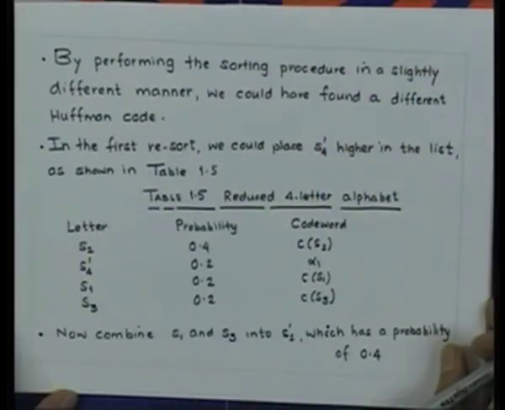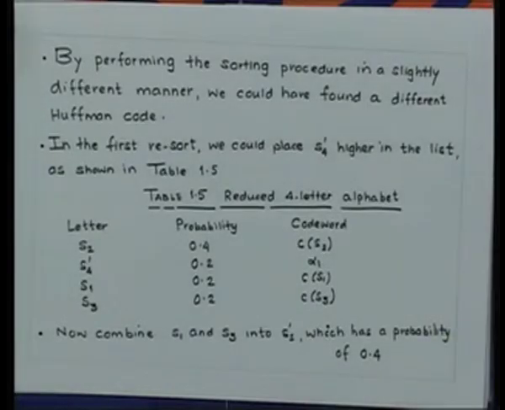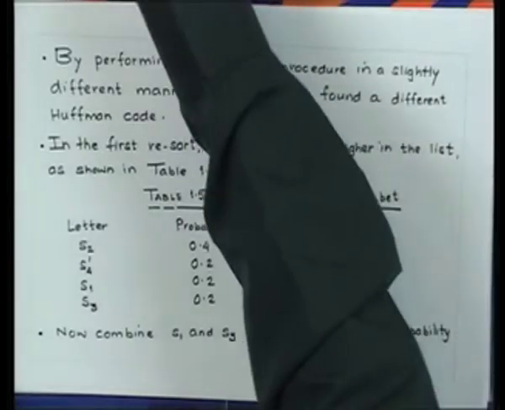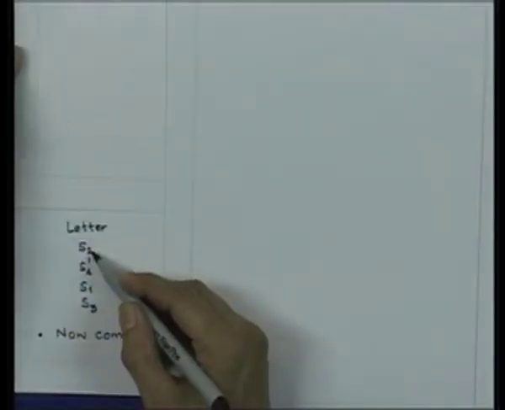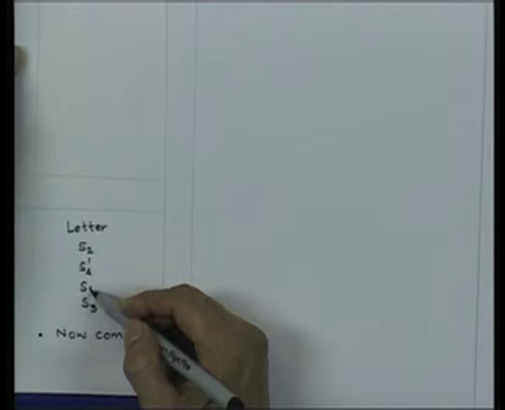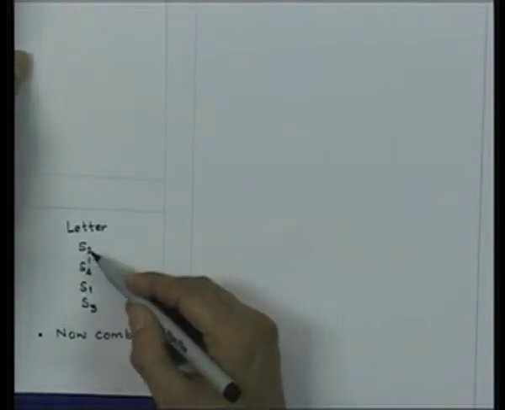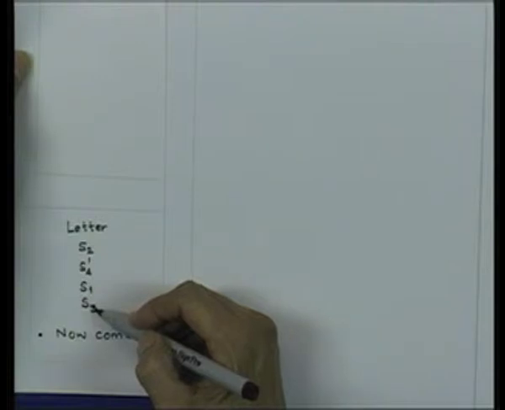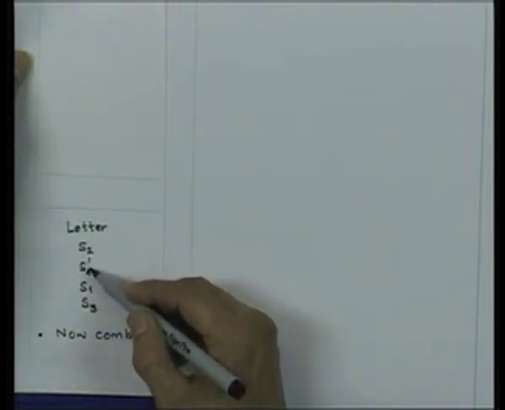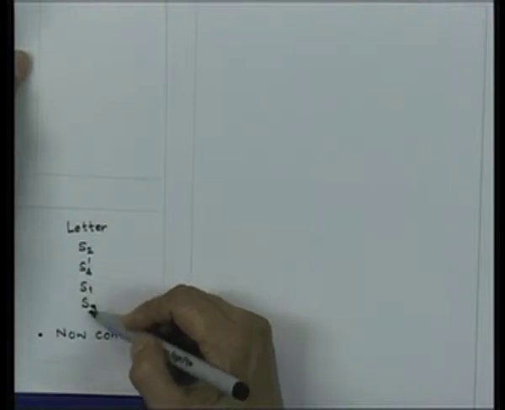To understand this, let us again go back to our original example which we had taken in the last class. At the first step of the reduction, we had got 4 new symbols for the 4 letter reduced alphabet, S2, S4 dash, S1 and S3, and in that case we had placed S4 dash right at the bottom of the list.